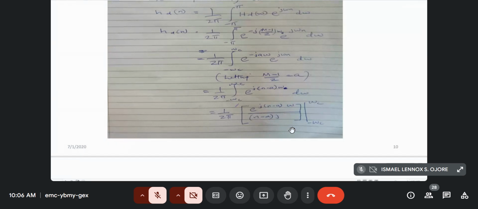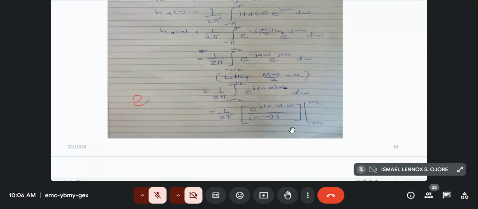You don't have to reorganize this. Once you integrate, it simply becomes e to the j (n minus a) omega over j (n minus a).